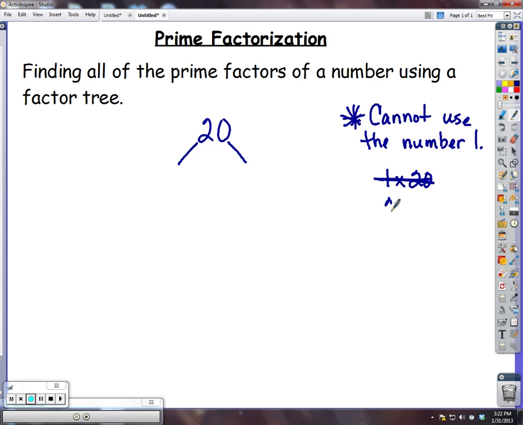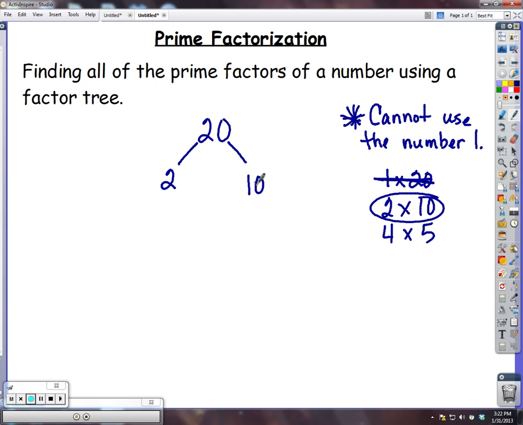We could start off with 2 times 10, or we could start with 4 times 5. Let's start with 2 times 10, even though it would be okay to also start with 4 times 5. So on one branch, I'm going to put one factor, which is 2. On the other branch, I'll put the other factor, which is 10. So our factor pair, 2 and 10.